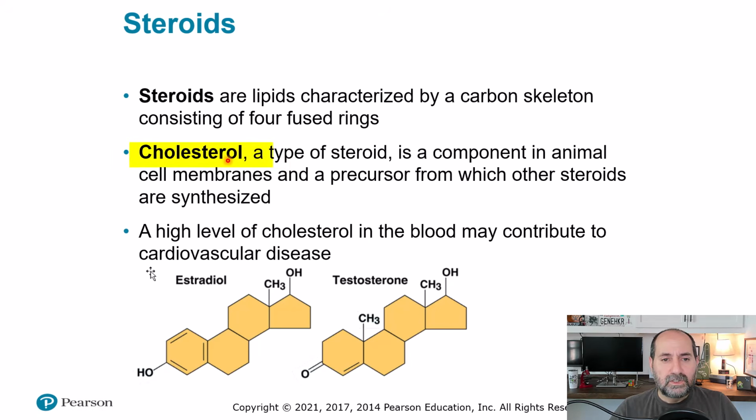So cholesterol is a type of steroid which is a component in animal cell membranes. So animals have cholesterol in the membranes, the phospholipid bilayer of their cells. And the reason for cholesterol in our cell membranes is to keep the membrane fluid, to keep the membrane from freezing up.